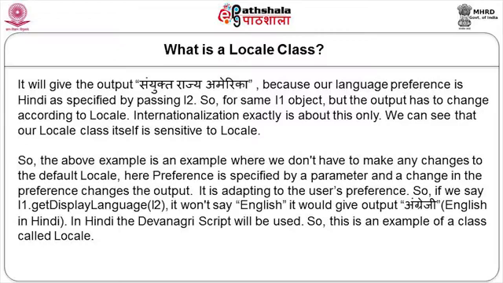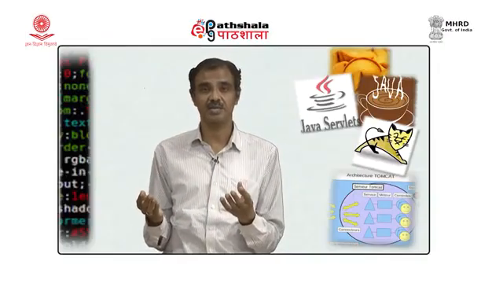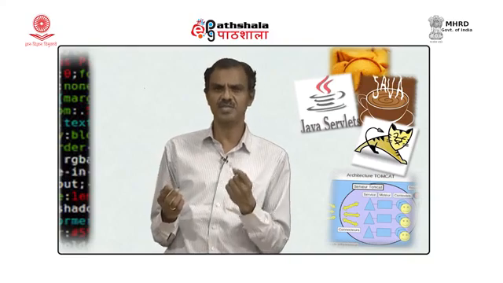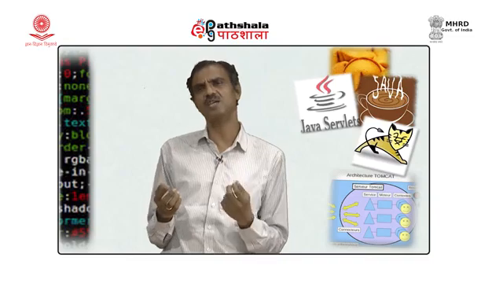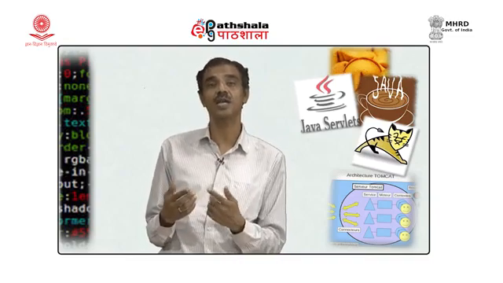If I say L1.getDisplayCountry and pass L2 as a parameter, what output do you expect? It is not going to give United States of America. It is going to say Sanyukta Rajya America, because this is in Hindi. Same L1 object, but the output changes according to the locale.